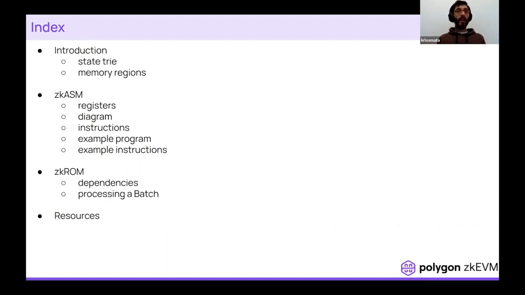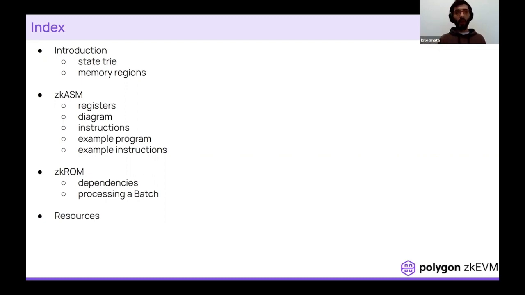Then I will introduce this brand new language, zkAssembly. Just to remind you, it is a general purpose language that you can use to write anything. In this case, we use it in order to run the zkEVM, but any developer could take this language and write the code that they want.